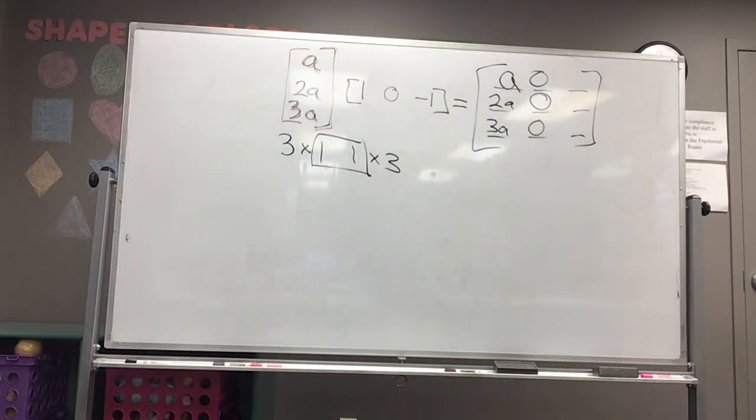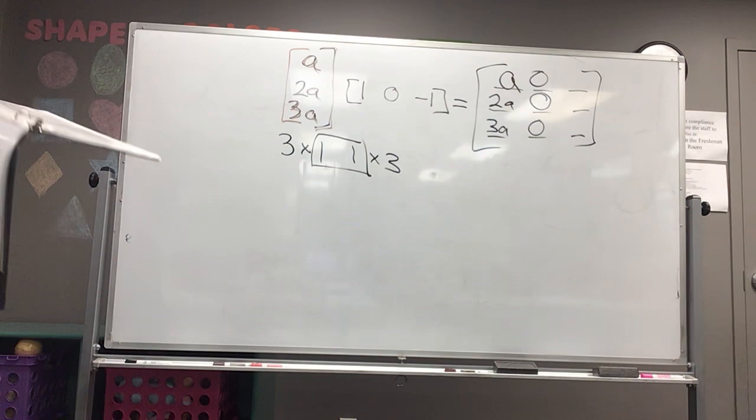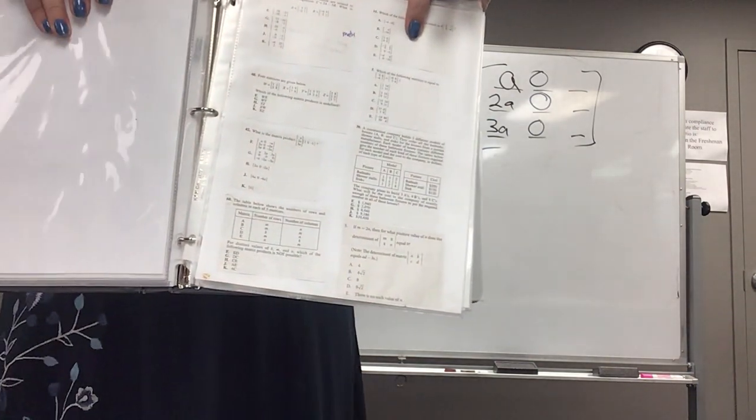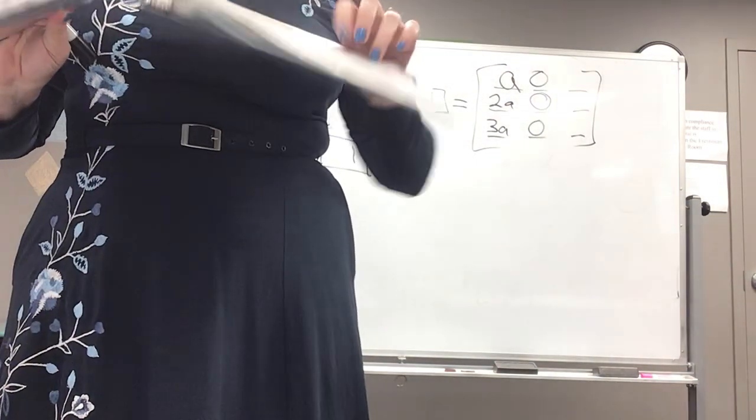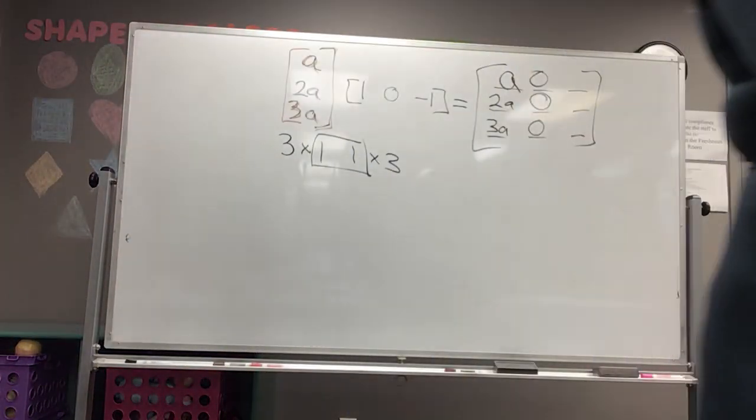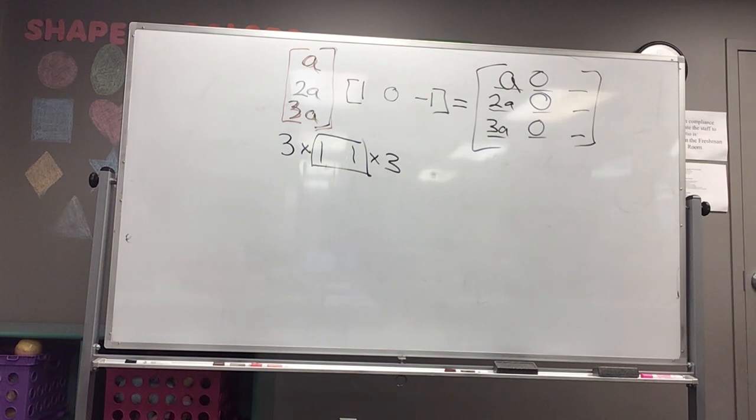And at this point, this is again where you're using the multiple choice. We're looking at this one right here. They only give us 2 answers that have the right dimensions of 3 by 3, and only one of those answers has the zeros in the right spot.